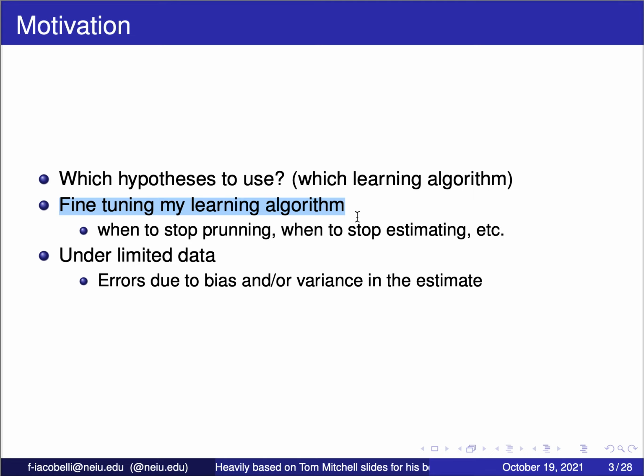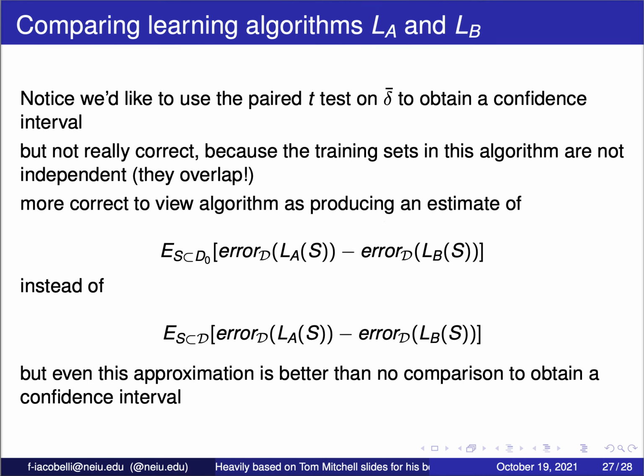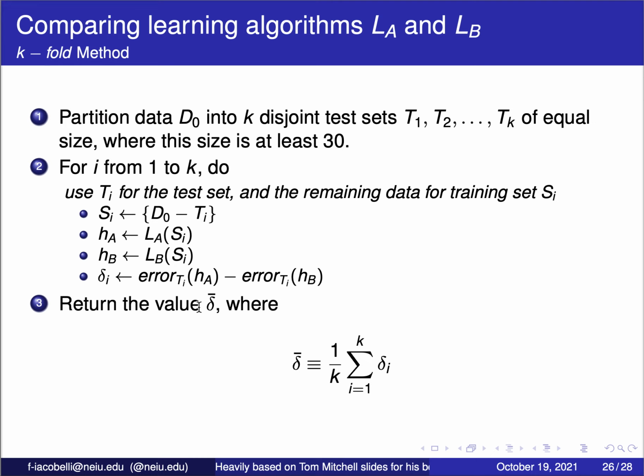But we also want to leave some test data that the learning algorithm will never see. But we also have limited data, so something's got to give. And the k-fold cross-validation method is a really effective one to actually test algorithms.